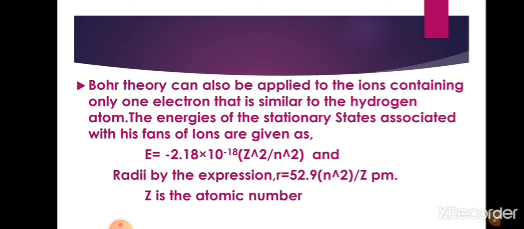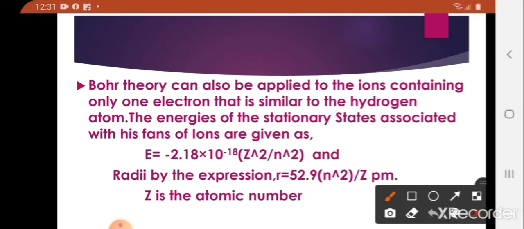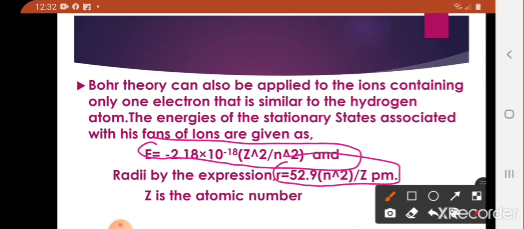The energy of such species can be given by the expression En is equal to minus 2.18 into 10 raised to minus 18 into Z square divided by n square, and the expression for the radius is r is equal to 52.9 into n square divided by Z. Here Z is the atomic number.